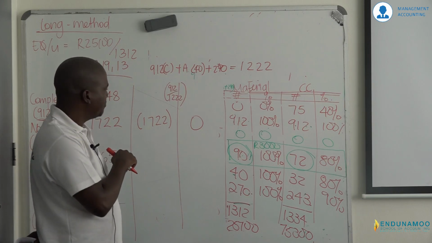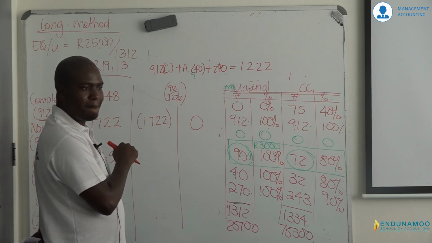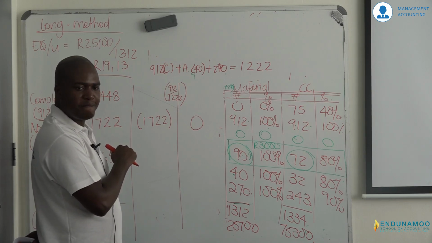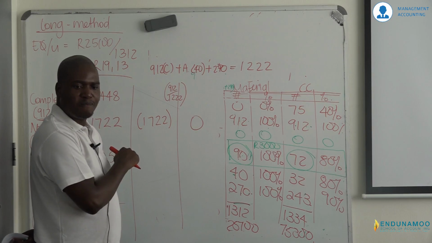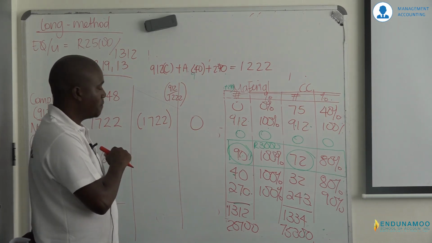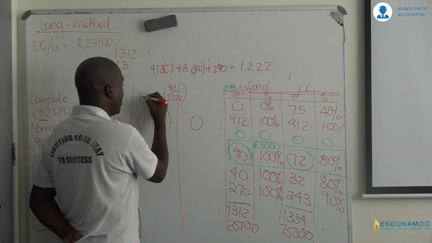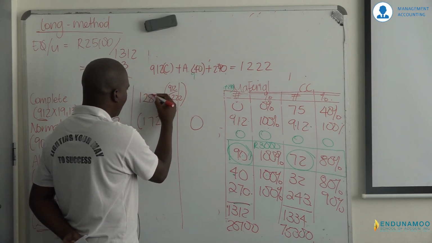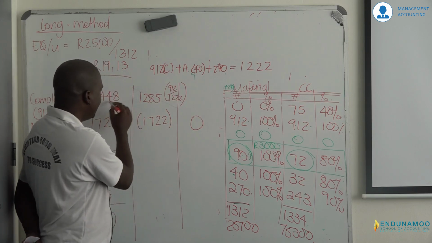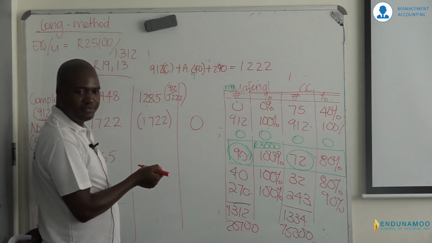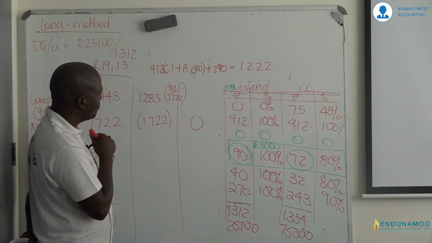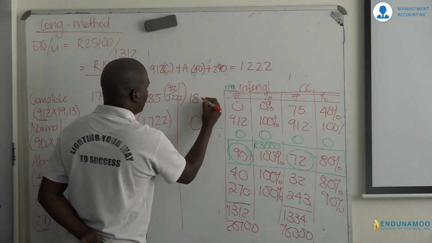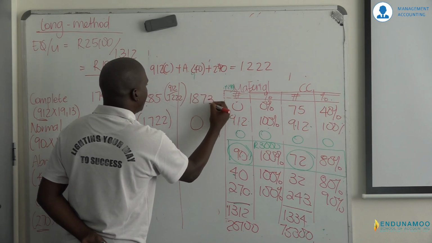What do you have? 1285. Then you add this and this to get 18733.